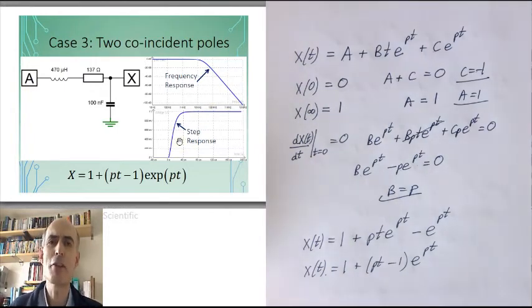It's mostly of mathematical interest because the chances of this happening in the lab are pretty much infinitesimally small. You're never going to get values of resistors, capacitors and inductors which give you two poles at exactly the same frequency.